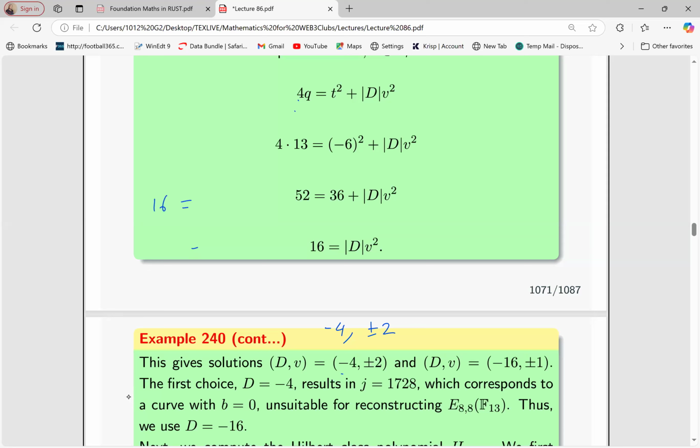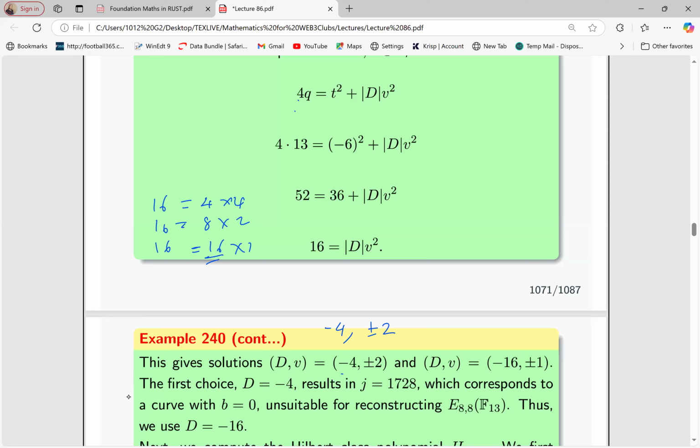Let me just again write the options here. The options here were: 16 can be written as 4 times 4, 16 can be written as 8 times 2, and 16 can be written as 16 times 1. So we want to choose D. But now look at this.